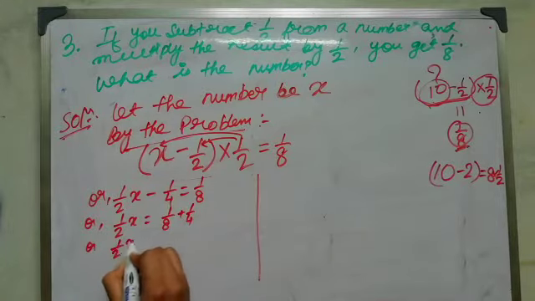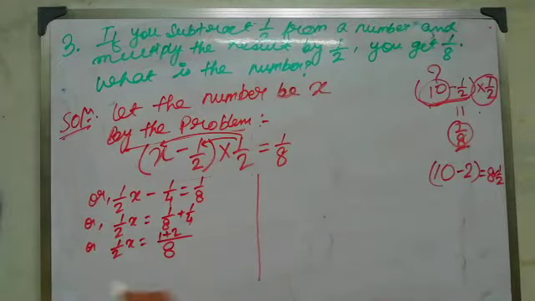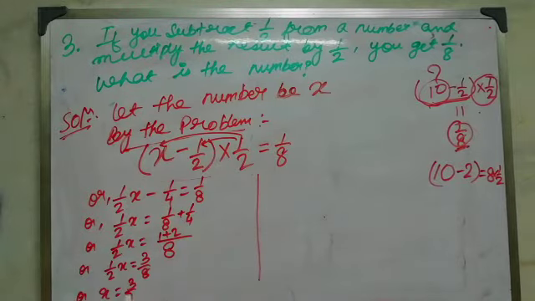Take 8 as my LCM, so 1 plus 2, clear? Now, 1 by 2 x is equal to 3 by 8, or x is equal to 3 by 8 multiplied with 2, or x is equal to 3 by 4. The required number will be 3 by 4.